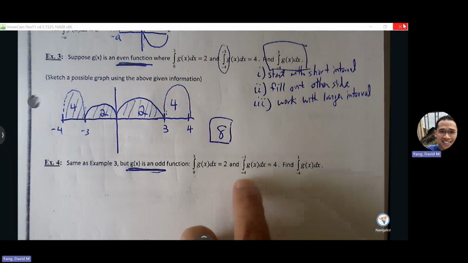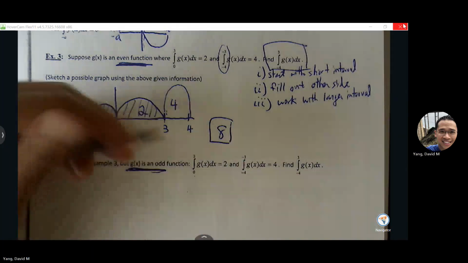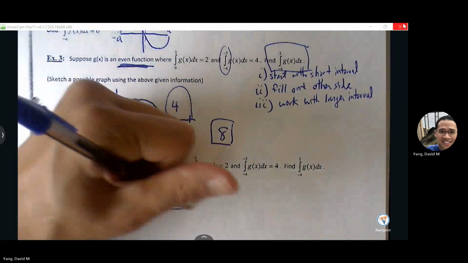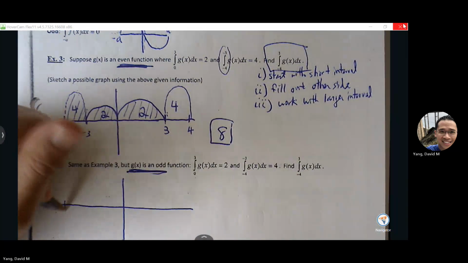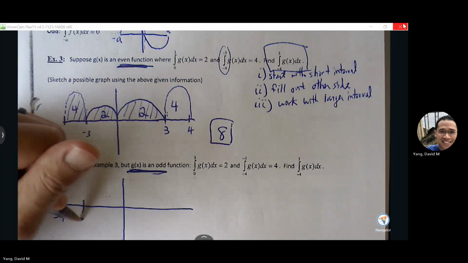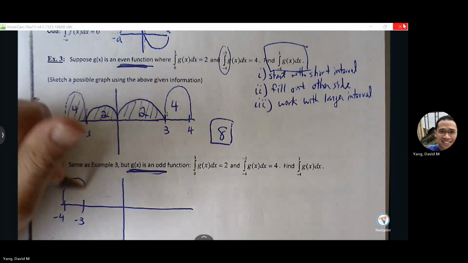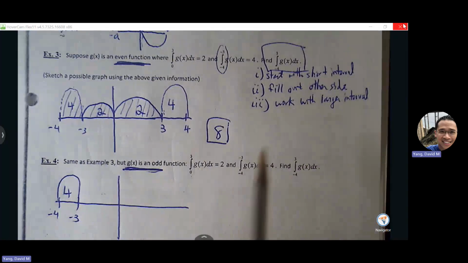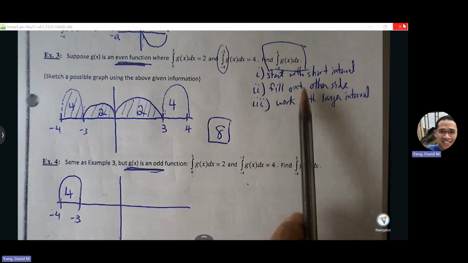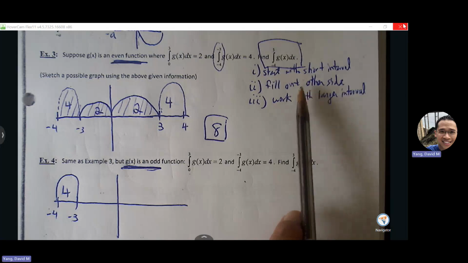Not the smaller area, smaller interval. Okay, once you have that smaller interval built, go ahead and fill out the other side before you move on to your larger interval. What can I fill out on the other side?